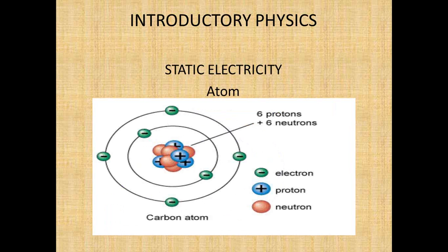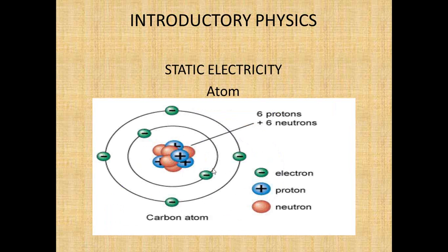Again, let's look at the carbon atom. The carbon atom has a nucleus which contains 6 protons, and remember, protons are positive, neutrons are neutral, and then you have the electron shells around it. For you to have a neutral carbon atom, you also have to have 6 electrons.